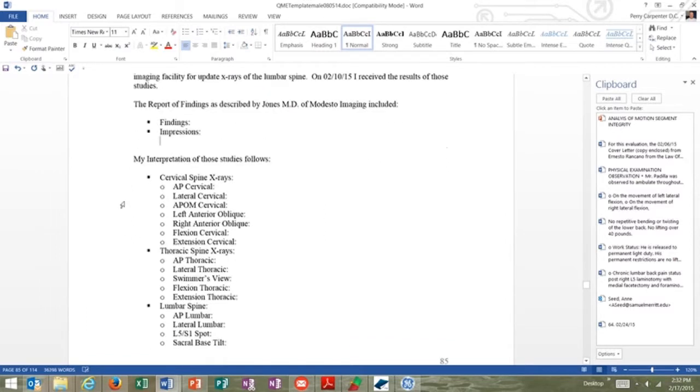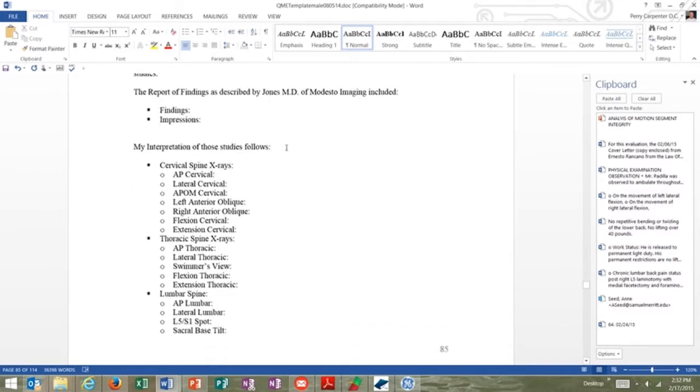Then I want you to go ahead and provide your own interpretation of those studies. And now do not simply rely on the interpretation of the radiologist at the imaging facility. You are to provide your own interpretation of the studies as well.